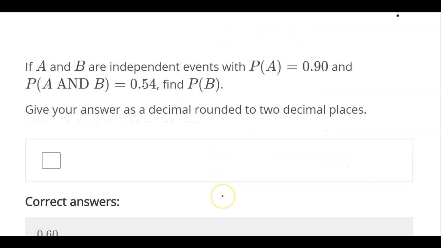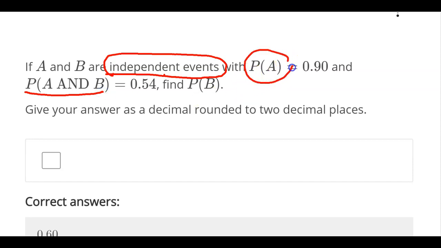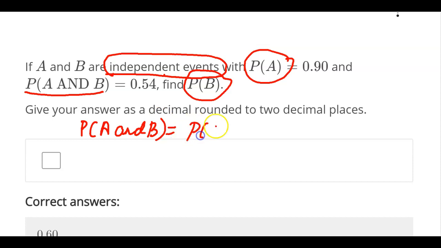Let's look at the next problem here. If A and B are independent, remember they're independent events. As soon as I know they're independent events, I know that the probability of A and B is simply the probability of A times the probability of B. They did not tell me what the events are. They just told me they are independent. Okay, but what did they give me?